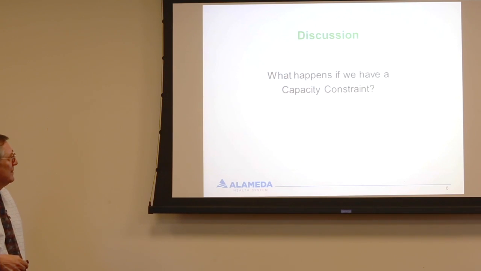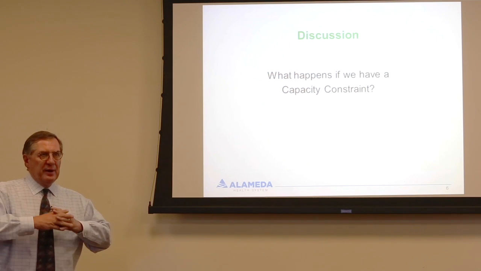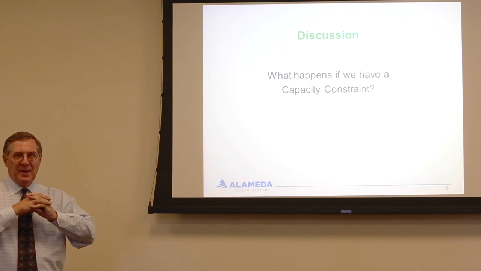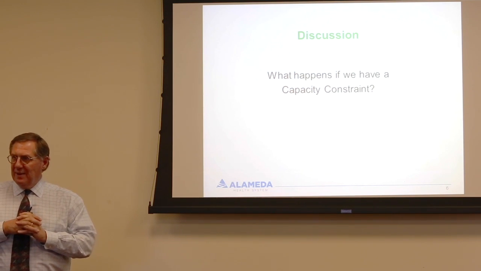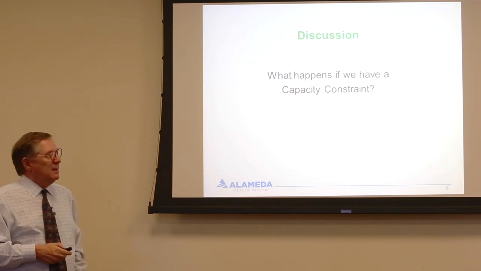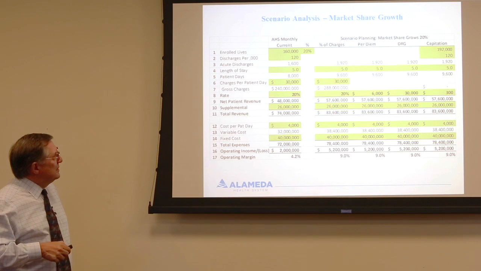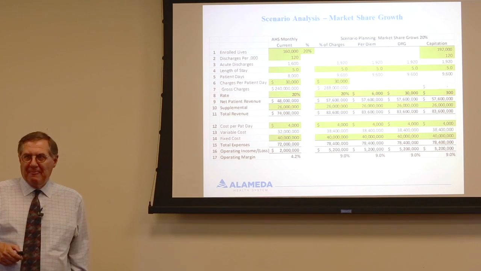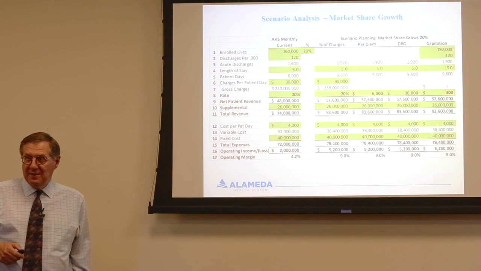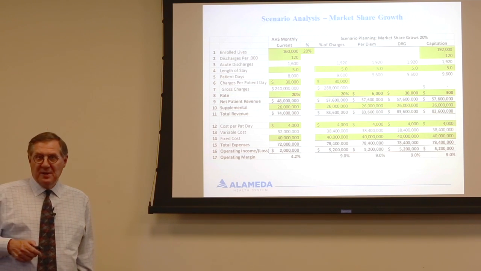Now, let's ask this. What happens if we have a capacity constraint? What is a capacity constraint? Can't take any more volume. You can't, right. So if you look at these days, how many is that? 260, I said, right? 260 average daily census.